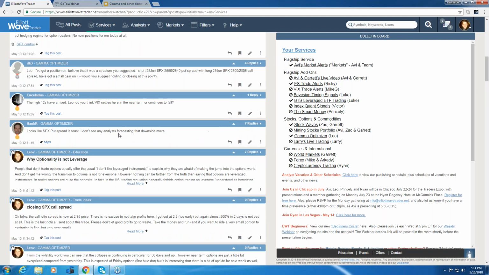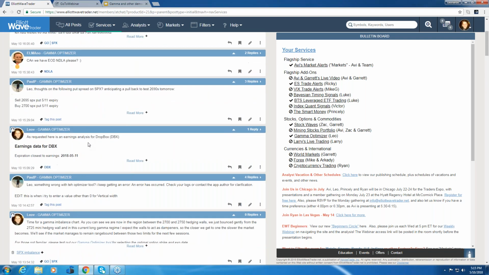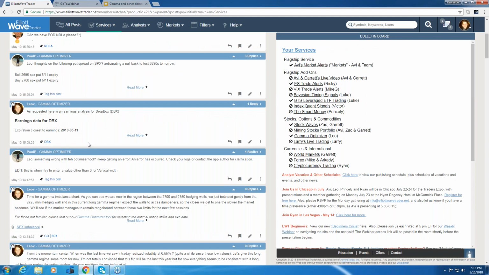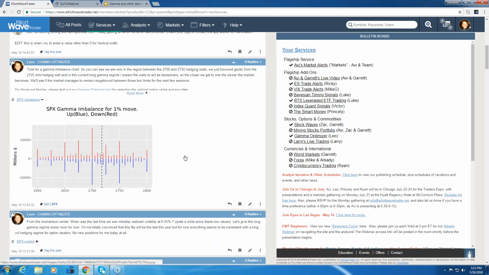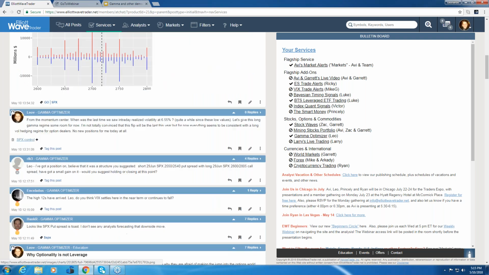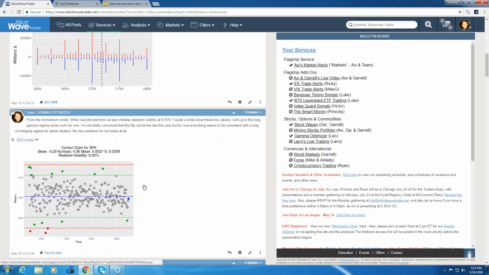So I offer kind of a play-by-play commentary on what is going on during the trading day. For instance, I show something like gamma imbalance, where you can see where most of the gamma is per strike. So if you are a momentum trader or someone that trades based on these things, you can see that these ranges are important for the market because there's lots of option interest. I also do control charts where I show intraday realized volatility, and it's mostly education, trade suggestions and technical commentary.